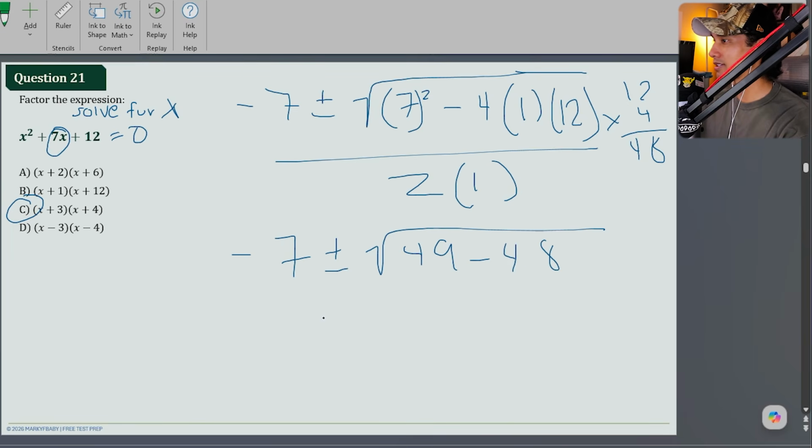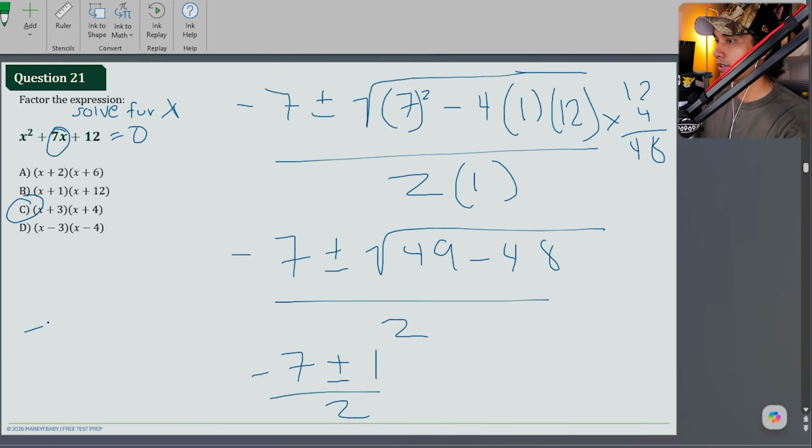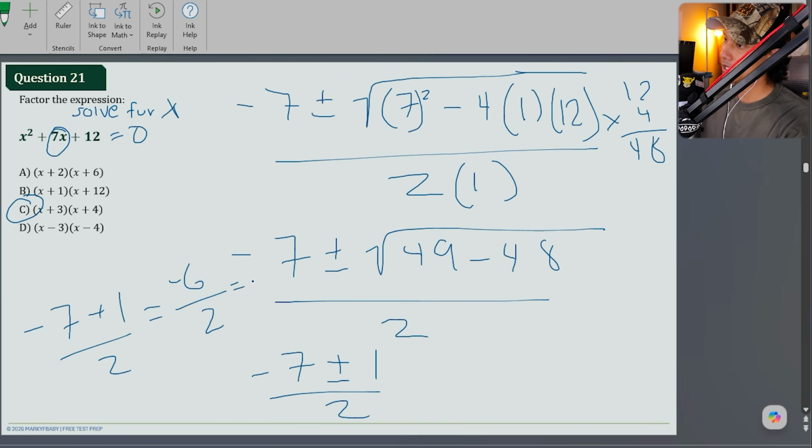Minus 48, over 2. The square root of 1 is just 1, over 2. And then we're going to do -7 plus 1 over 2, and -7 plus 1 equals -6, divided by 2, equaling -3.